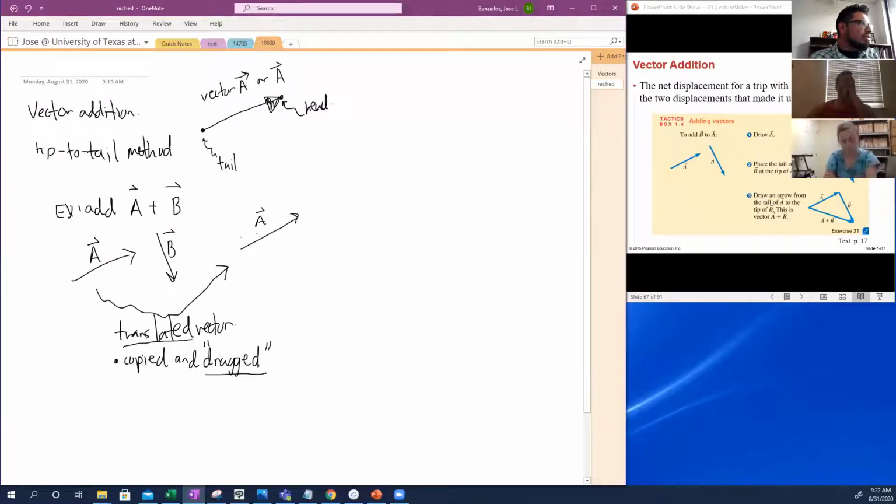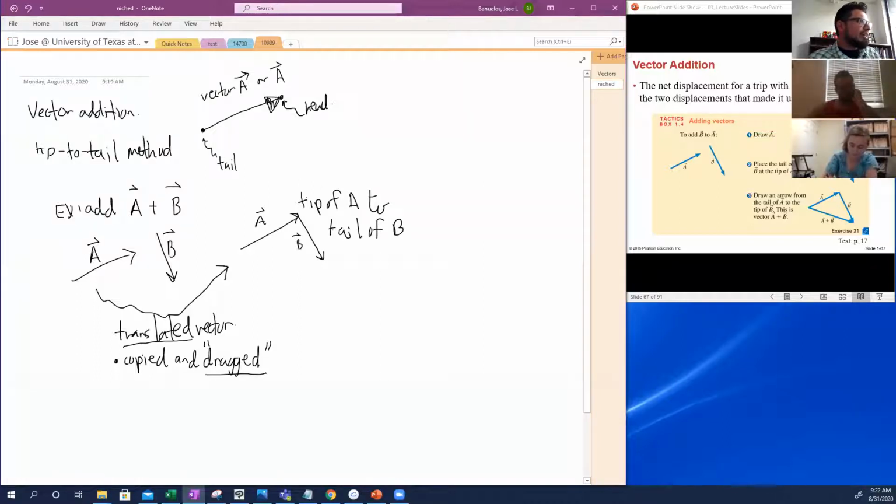And we're going to do the same thing with B. The trick now is that the tip to tail method means you're going to take the tip of A and attach it to the tail of B. So you're going to take B and stick it right there. I could have actually dragged it with my actual mouse, but basically that's what we're doing.